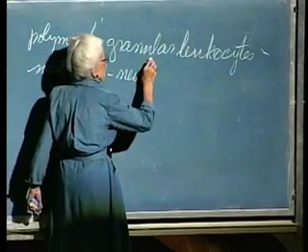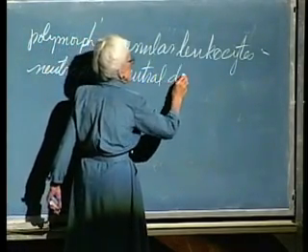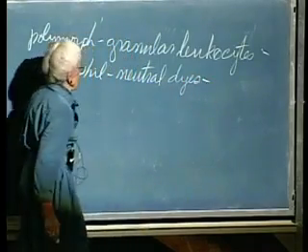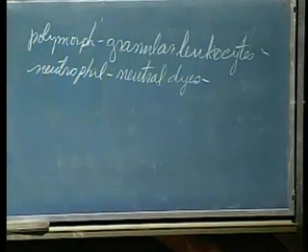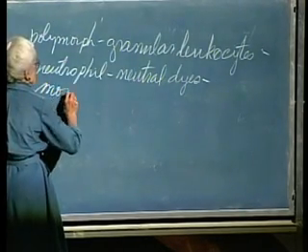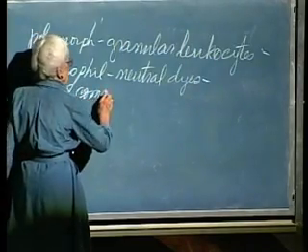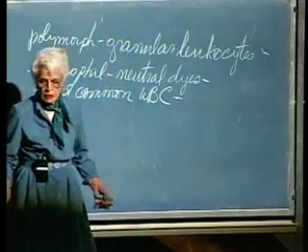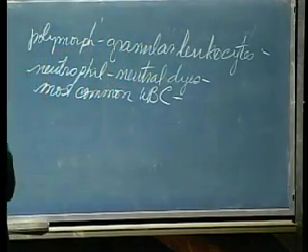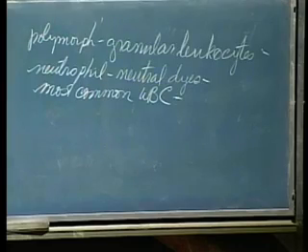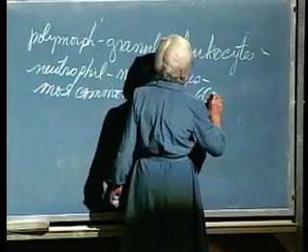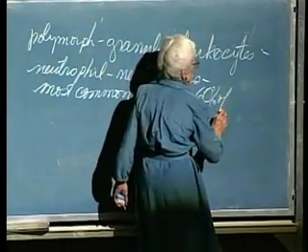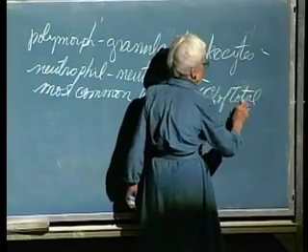Neutral dyes. The neutrophil is the most common white blood cell. Most common white blood cell. Anybody know what percentage it amounts to of your total white blood cells? 60% of total white blood cells.